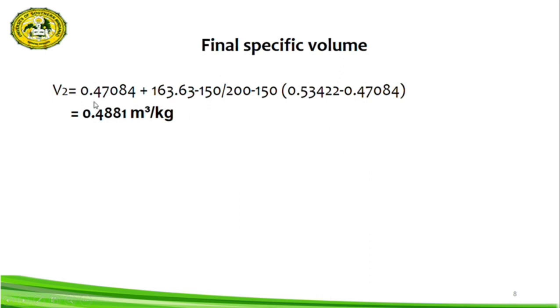By plugging this into our calculator, we get 0.4881 cubic meter per kilogram as our final specific volume.